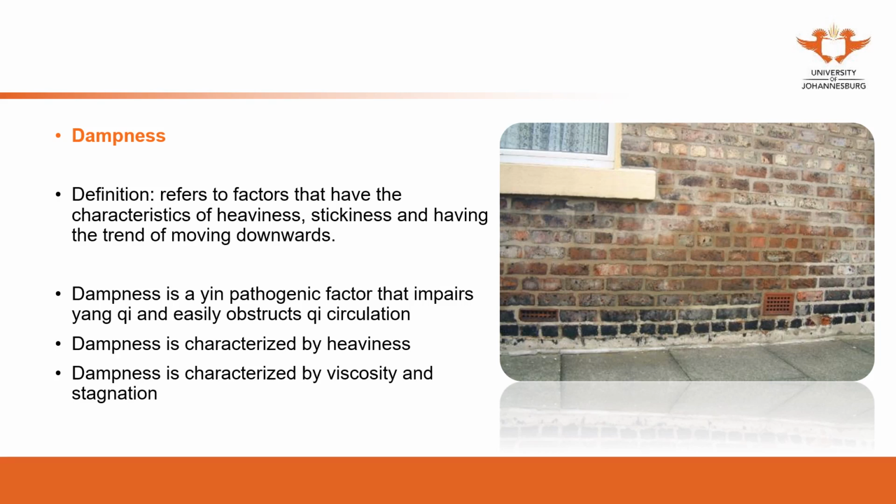These symptoms also can happen in the top part of the body, such as the head. But when the dampness goes to the head, normally it will be combined with another pathogen, a yang pathogen, which helps the dampness go up to the head.